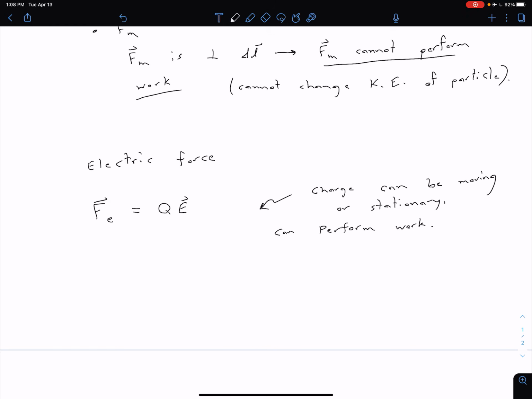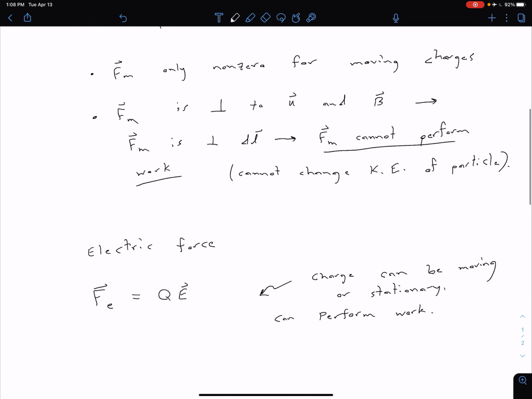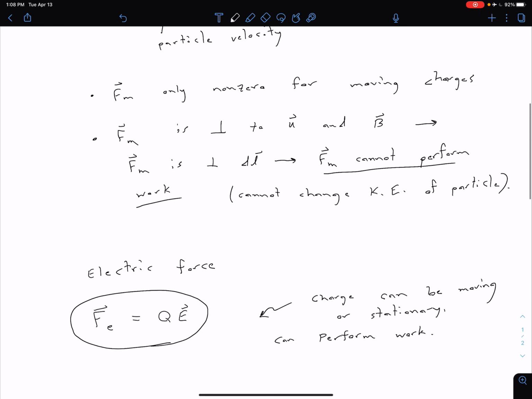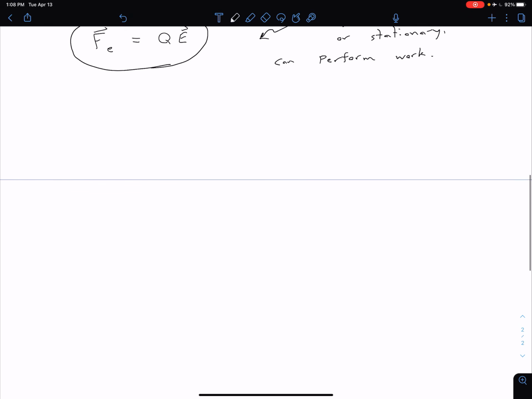Of course, what we can do is combine these two force equations into a single force equation. We have our electric force equation here, and we have our magnetic force equation up here. We can combine these two if we have the presence of both a magnetic and an electric field.